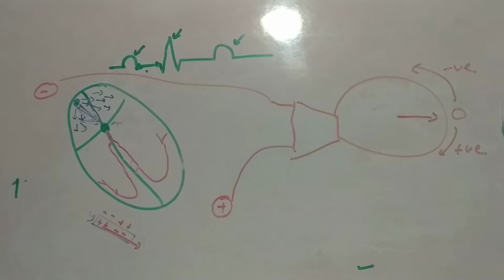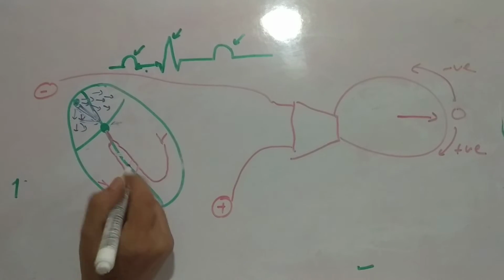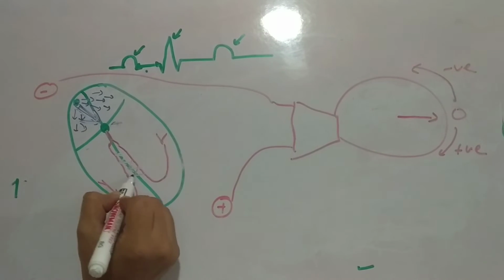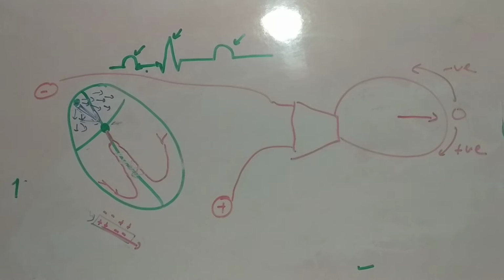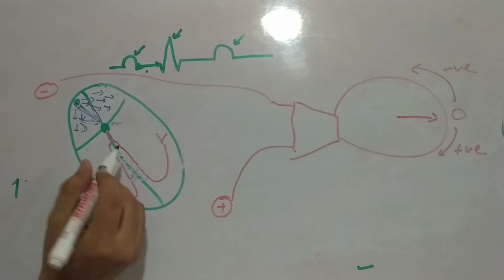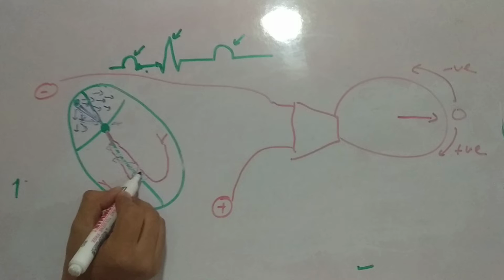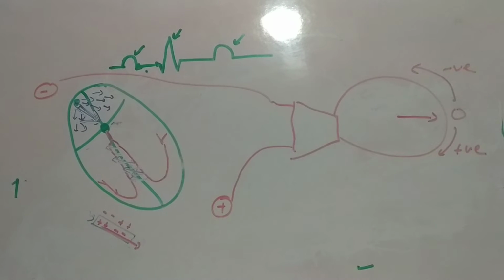So here when I draw the depolarization, what will happen? Gradually the depolarization will be in this direction. So the depolarization takes place in this direction in the septal region.